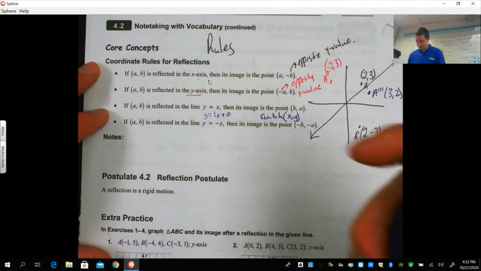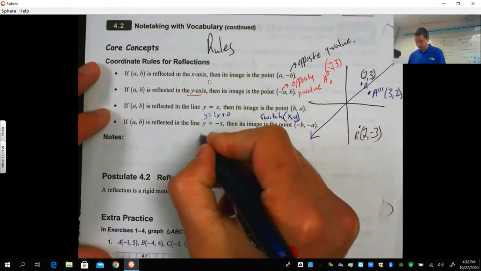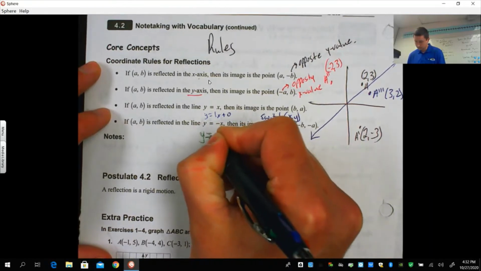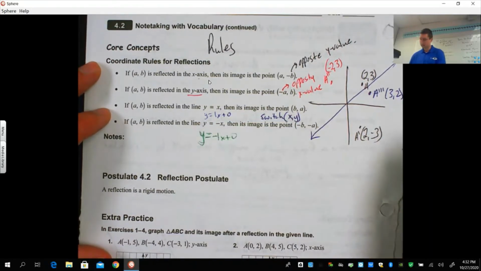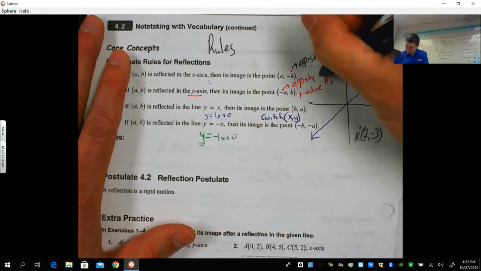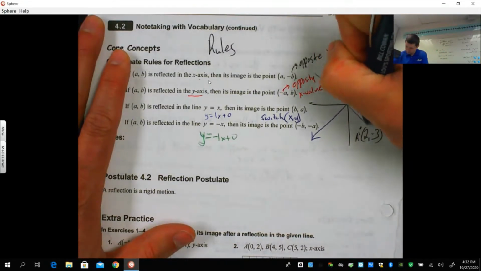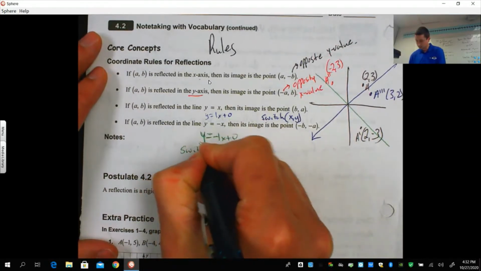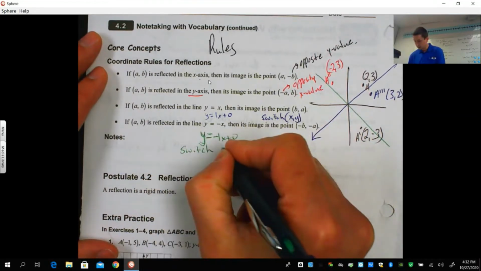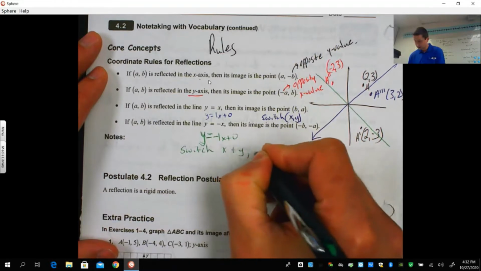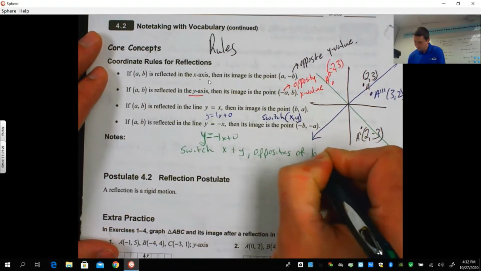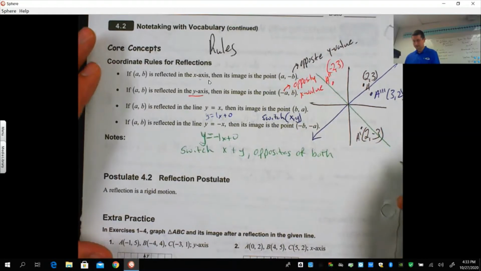And now the reflection in the line y equals negative x, that's y equals negative 1x plus 0. Negative 1x plus 0, that goes this direction. So I'm reflecting over that. You want to switch x and y, and you want to take the opposites of both. Okay.